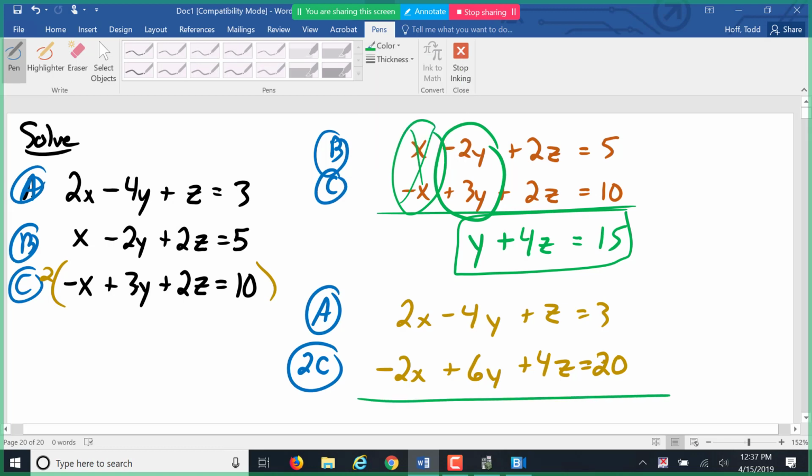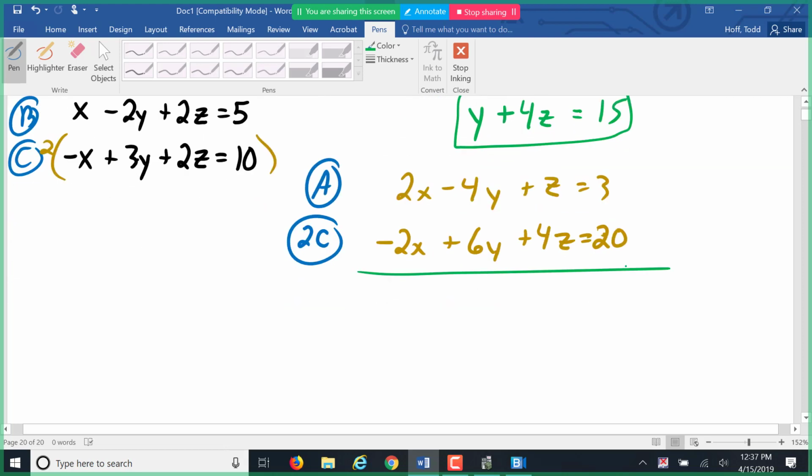And now we combine those. And again, the x is going to cancel out. 2x and negative 2x cancels out. Negative 4y plus 6y makes 2y. Z plus 4z makes 5z equals 23.